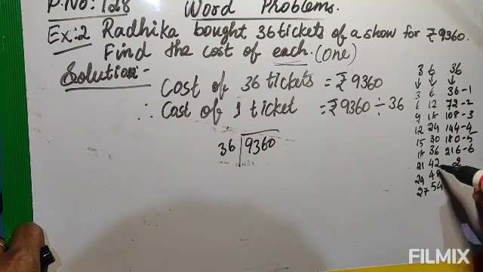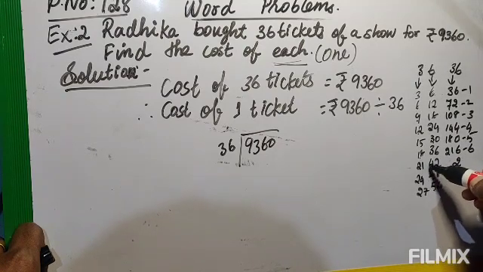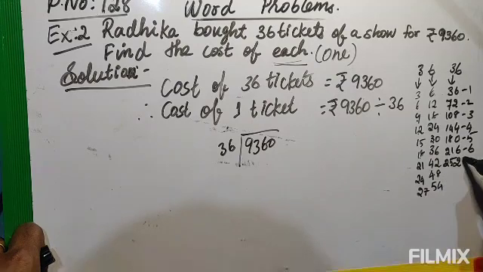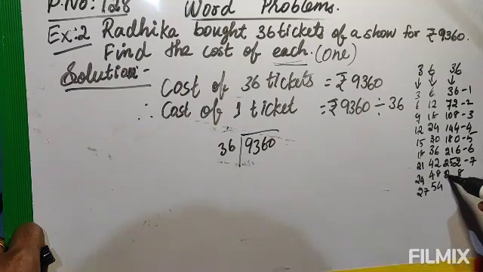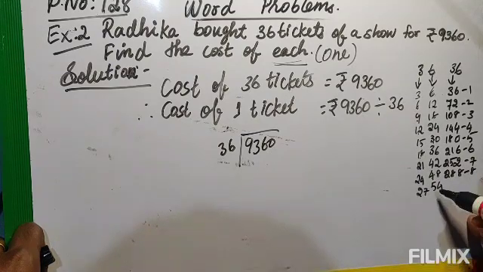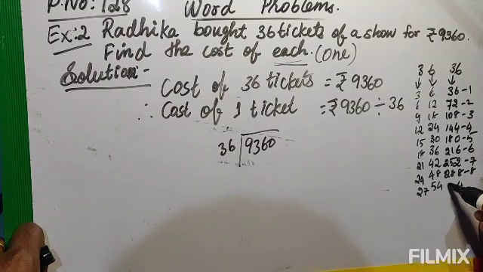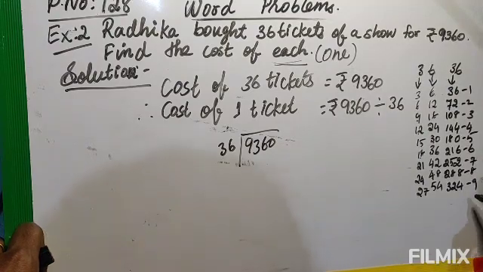This 2 you write. Again this 4 you add here. 21 plus 4, 25. This is 7 times. This 8 you write. This 4 you add here. 24 plus 4, 28. So this is 8 times. 4 right here. 5 you add here. 27 plus 5, 32. So this is 9 times. Up to 9 only you have to write, so I have written.